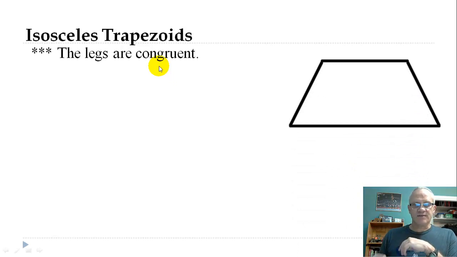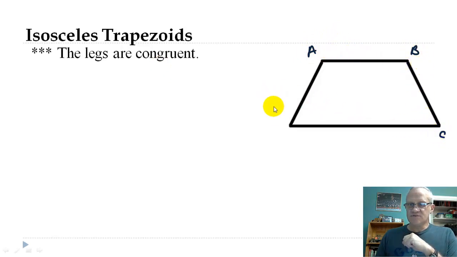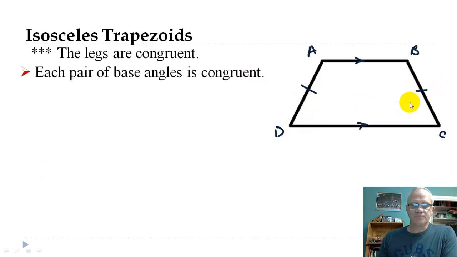So it might look something like this, and let's say we have here A, B, C, D. In this case, side AB is parallel to side CD. And since the legs are congruent, that means this side is congruent to that side. That's what makes it isosceles, these two sides are congruent to each other.